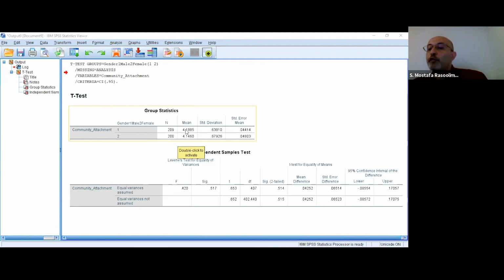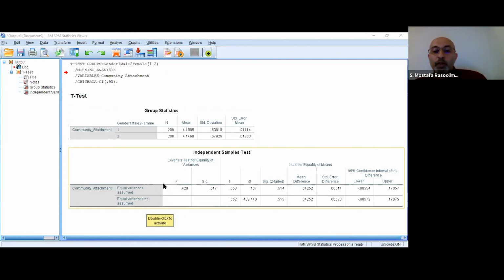And this is the mean value for each one, standard deviation, standard error, right? But the interpretation is here. For this table, we can interpret the result of the test. But here we have two different rows. In one sample t-test and paired sample, we only have one row. But here we have two.